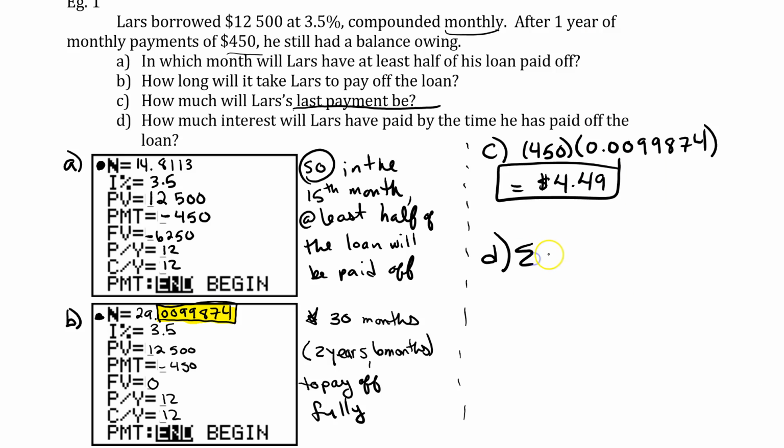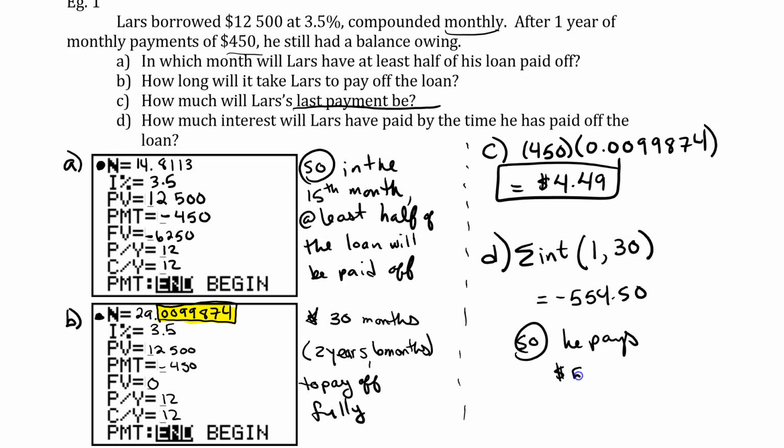So, like a good applied student, I'm going to write in what I put into my calculator, SUMINT 1, comma 30, and it is going to be negative 554.50. So he pays $554.50 in interest. And we're done.